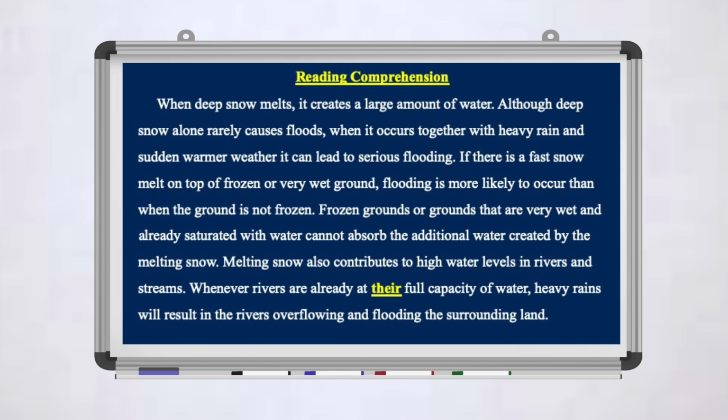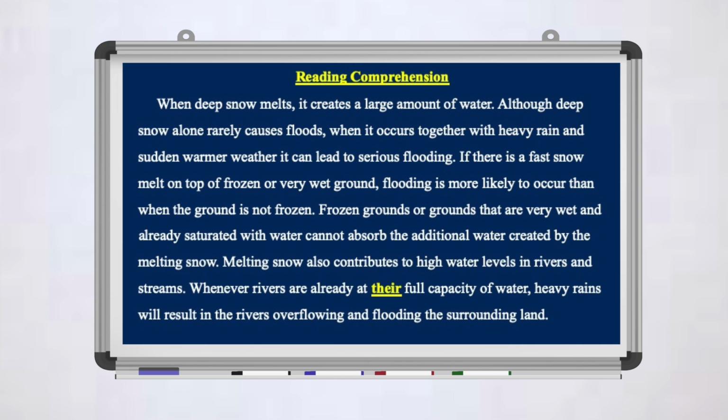When deep snow melts, it creates a large amount of water. Although deep snow alone rarely causes floods, when it occurs together with heavy rain and sudden warmer weather, it can lead to serious flooding. If there is a fast snow melt on top of frozen or very wet ground, flooding is more likely to occur than when the ground is not frozen.